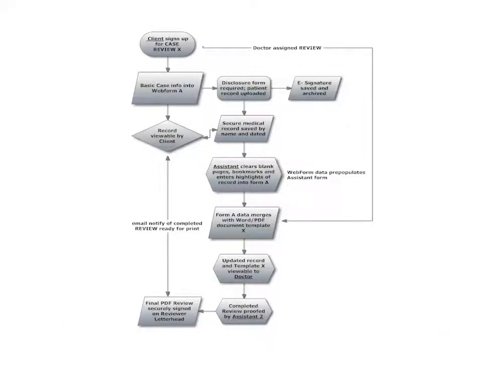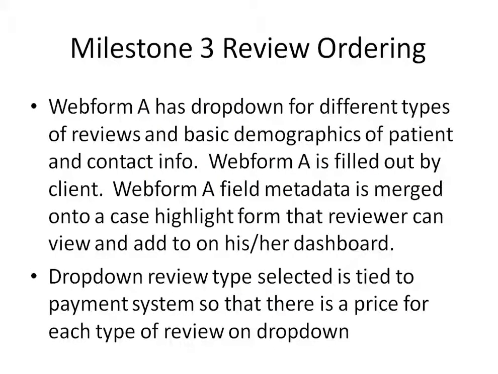So getting back to our flow here, we're talking about the left-hand side where the client will be able to view the record and also be able to see the final PDF review that's done. So milestone 3, and certainly these milestones can be juggled and put in a different order, but one milestone we certainly need to do is the process of review ordering.